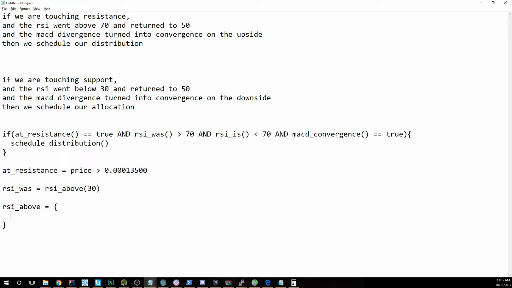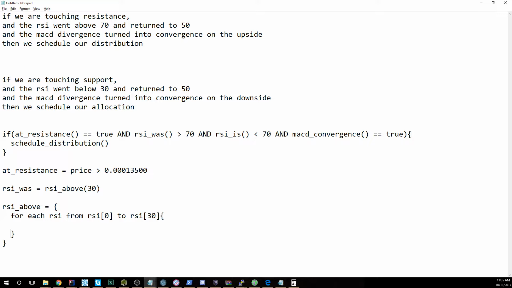What we're gonna do is we're gonna say, for each RSI from RSI 0 to RSI 30 ago. Okay, we're just writing pseudocode. We're just making it up as we go along.